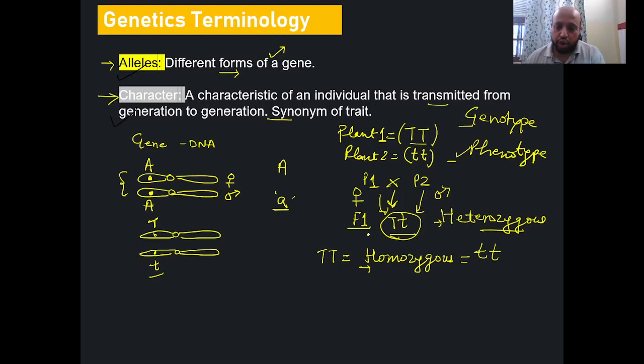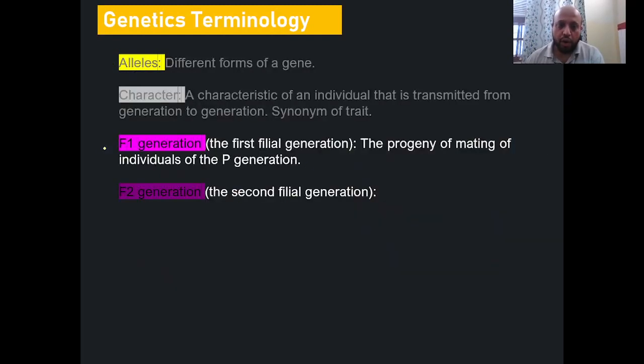I have also introduced the F1 generation and the F2 generation, the first filial generation and the second filial generation. That is the progeny of mating of individuals of the P generation, the parental generation, and the examples we took, P1 and P2, give the F1 generation.